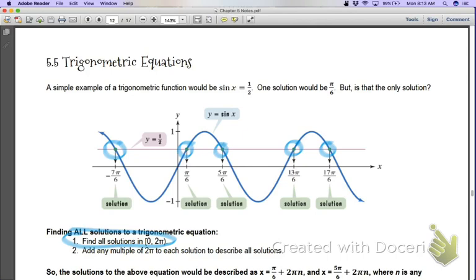Normally it's going to happen at least once, maybe twice, unless your period is extended outside of a regular unit circle from 0 to 2 pi. Then 2 is usually the max, but that's not necessarily always the case.